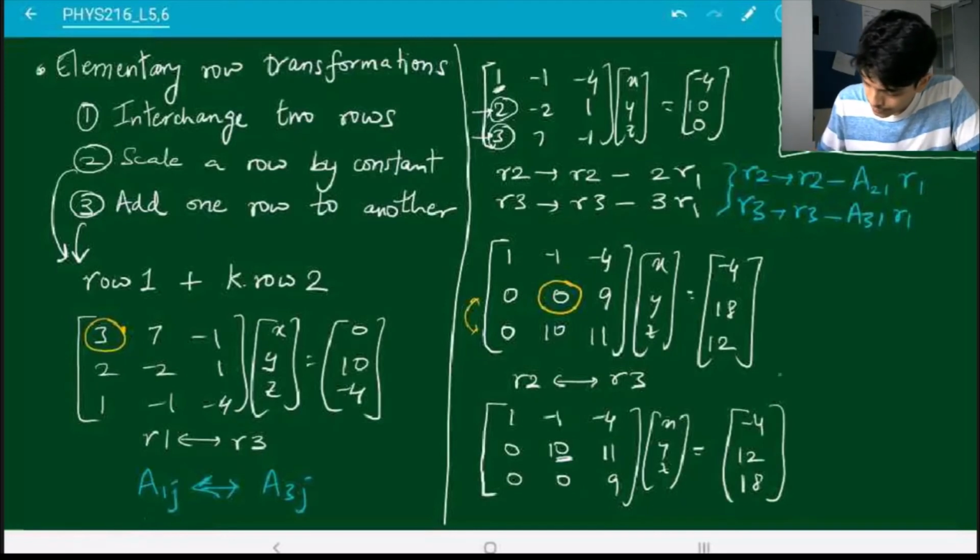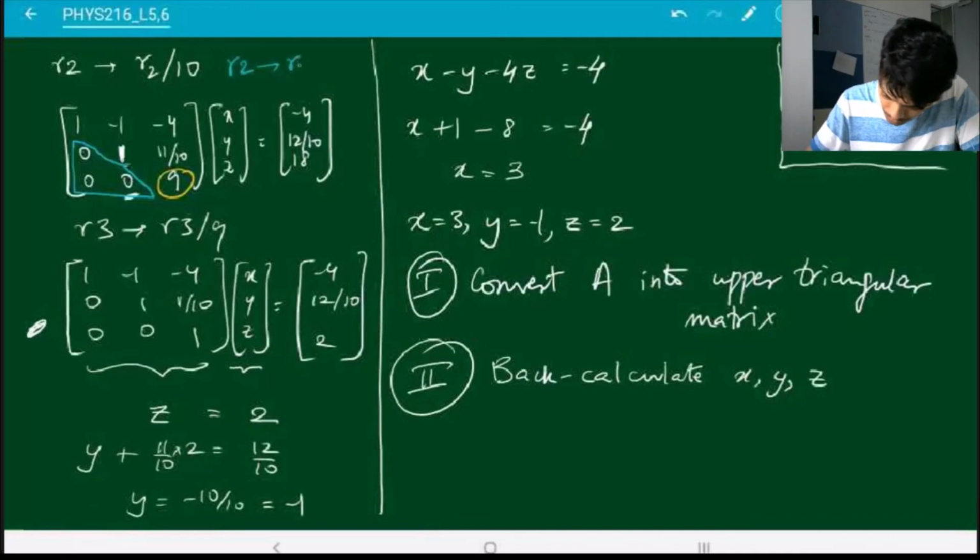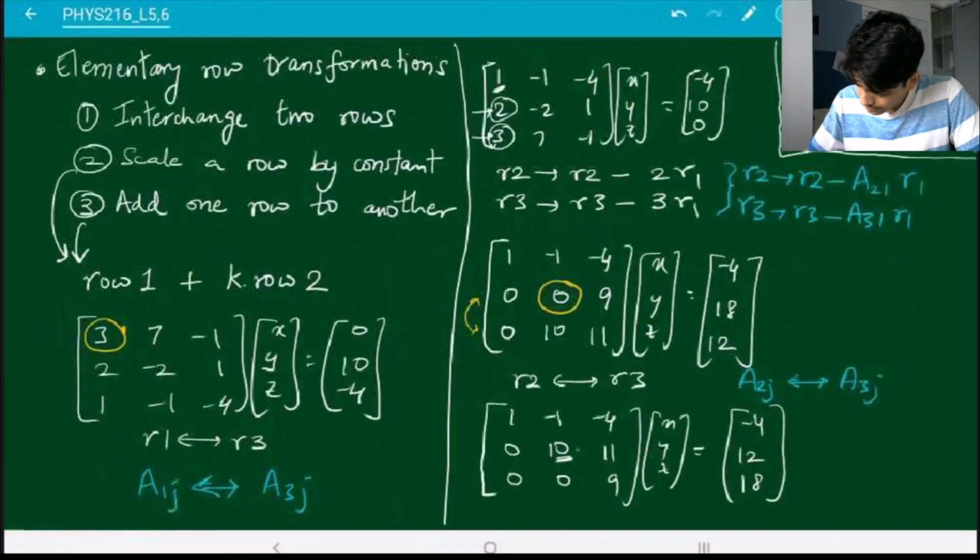Then similarly over here, this is saying A2j is interchanged with A3j. Then what we did was R2 gets replaced by R2 divided by this A22.